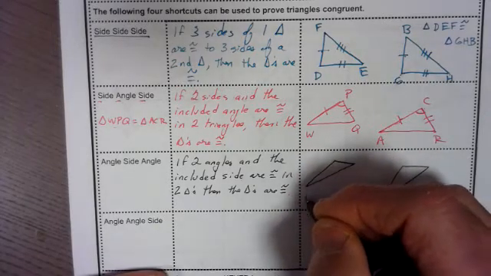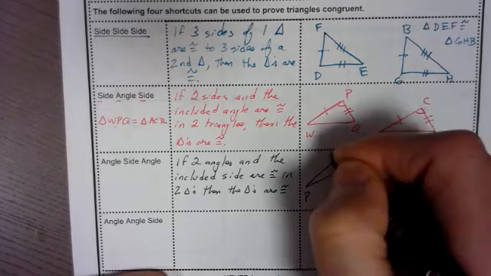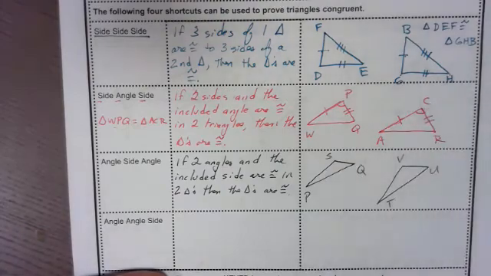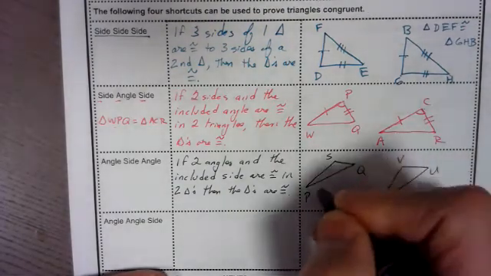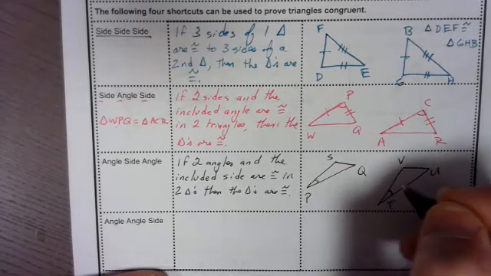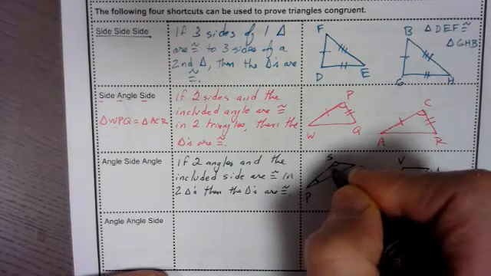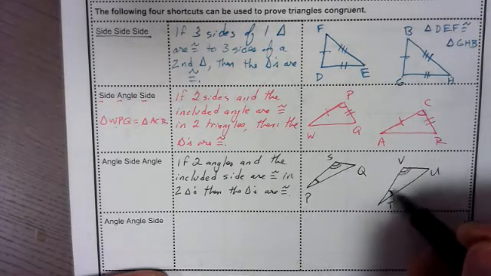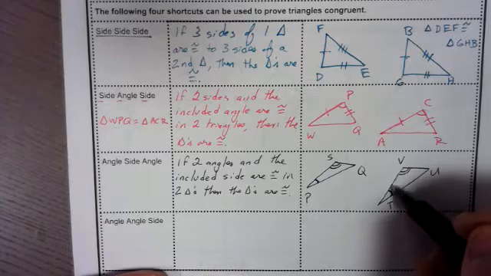All right, we've got PQS and TUV. So now we have angle P being congruent to angle T, and angle S being congruent to angle V. These are two angles. The included side is the one that's in between them.